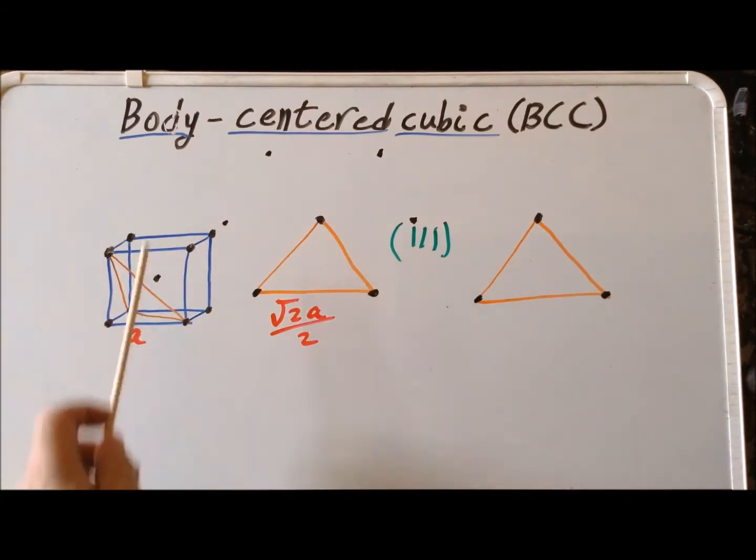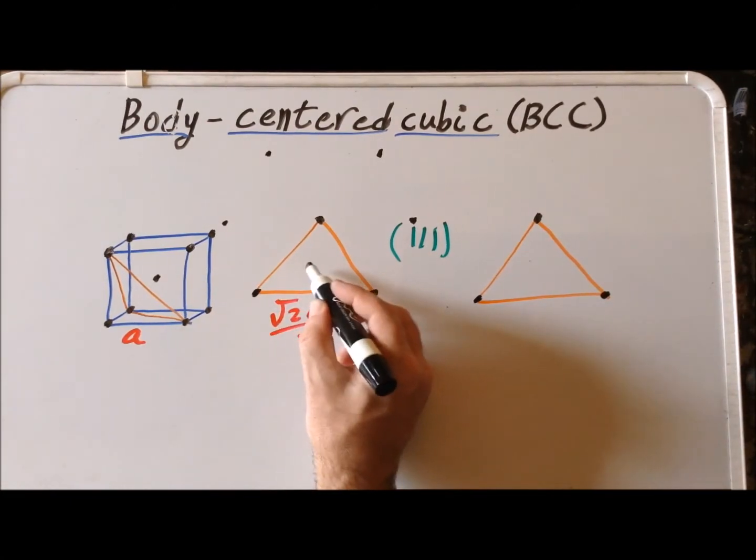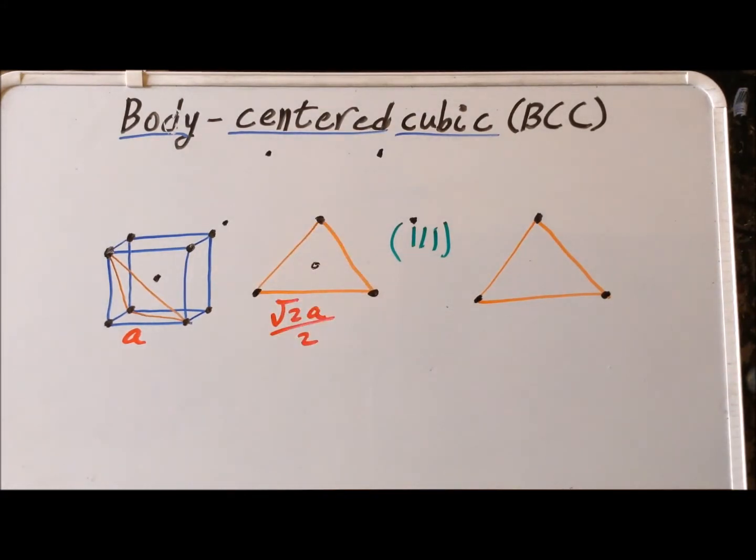If we extend the structure and look below, we would notice that in the center of the equilateral triangle, but at a lower level, that's why I'm writing it as that open circle here, we have another atom of exactly the same type. So let's imagine that our BCC structure here is iron.